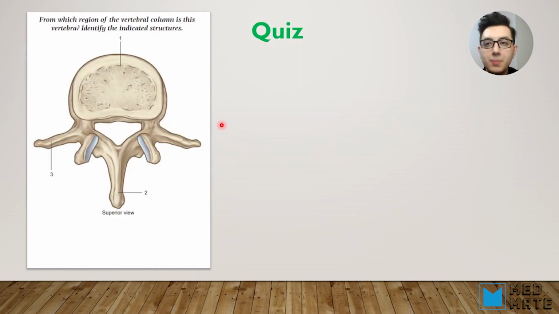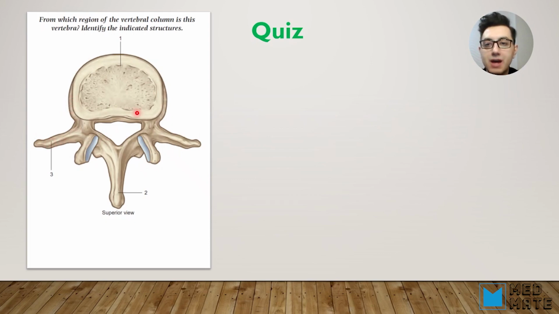So here, from which region of the vertebral column is this vertebra? Identify the indicated structure. So what do you think? What kind of vertebra do you think you can see here? So what I see is that there is a huge body here, and also it's kidney shaped, and also we have these big transverse processes.